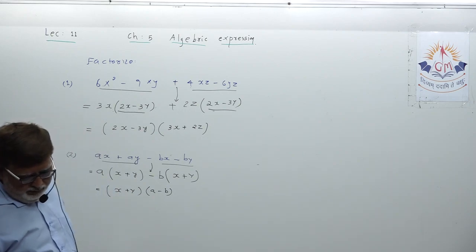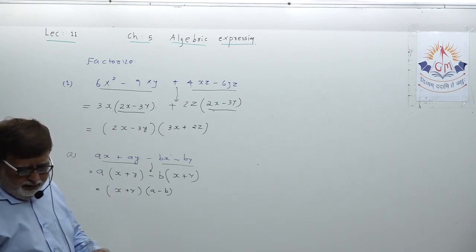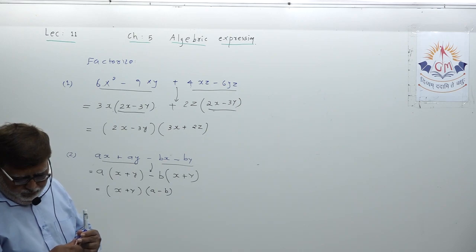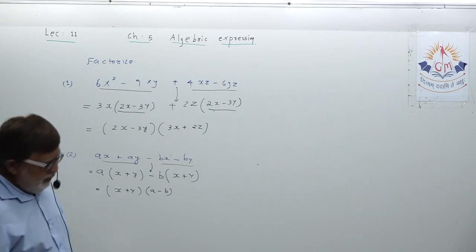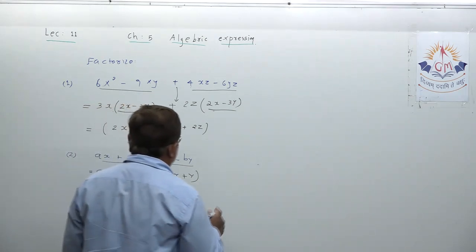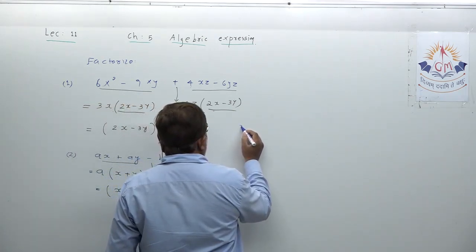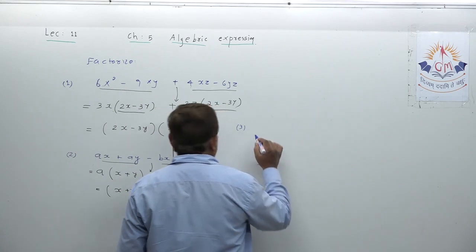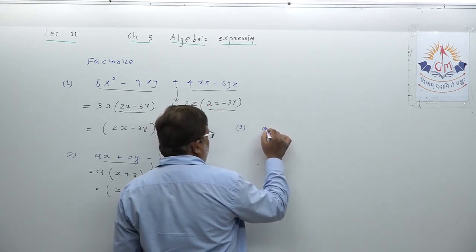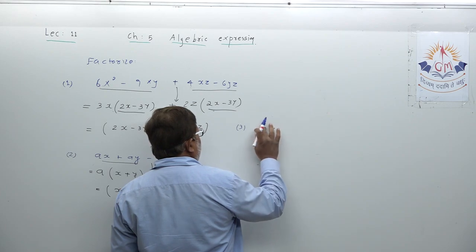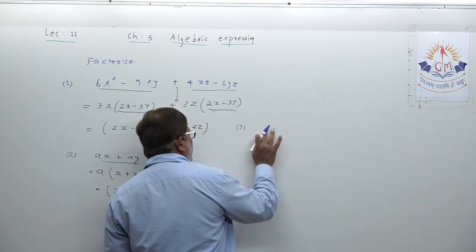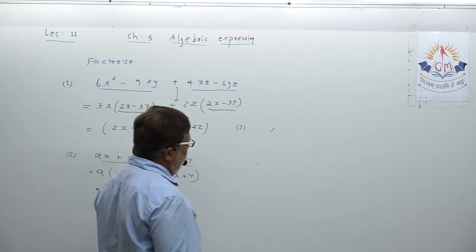One more I would like to take, but before that, just be watchful and verify it. Okay? Let me take another for you, or I just give you a little time to accomplish this. Okay? Suppose the sum is like this way.